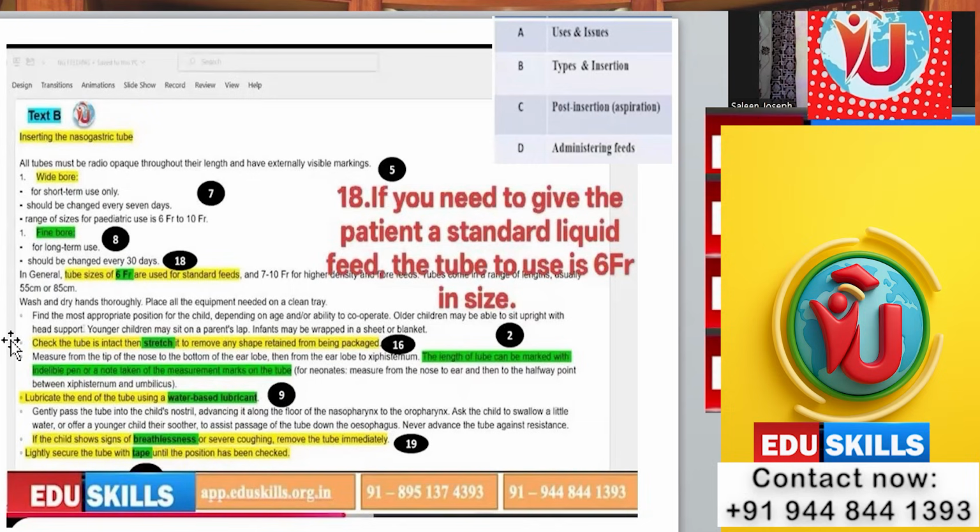In general, the tube size of 6 French is used for standard feeds. They are asking us about the standard feeds, so be careful while selecting the answer. There are two types: standard feeds and 7 to 10 French for higher density. So kindly make sure you select the correct answer. When they are asking for standard feeds, we are supposed to use 6 French. But if they had given us high density, then we are supposed to select the 7 to 10 French. So here our answer should be 6 French because they are asking us about the standard liquid.